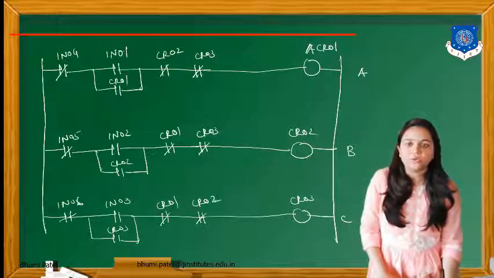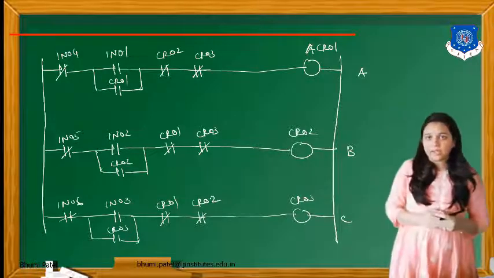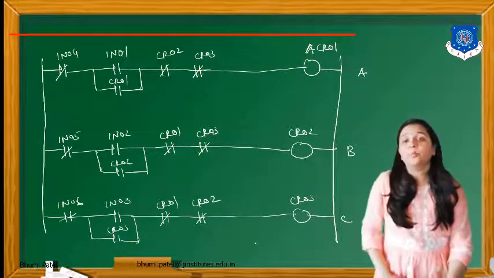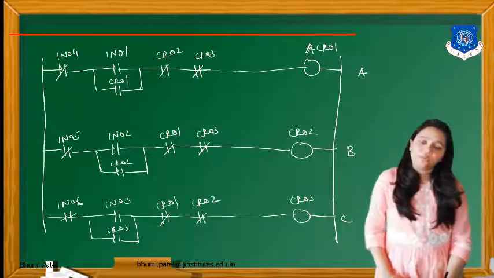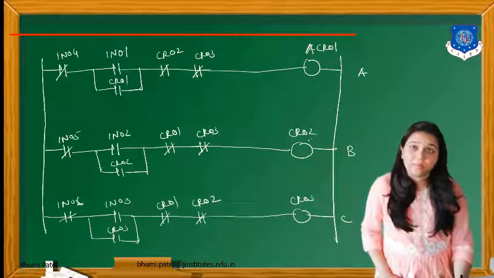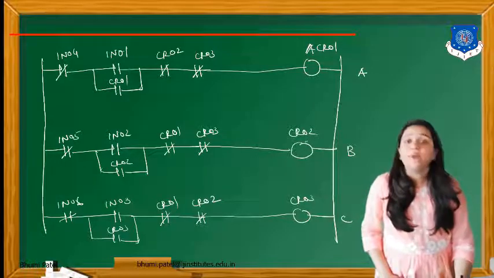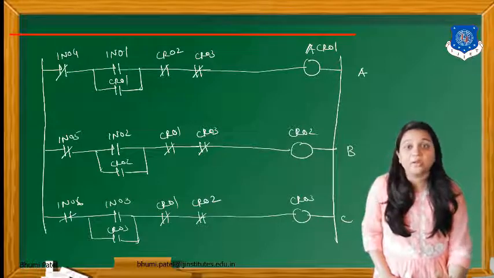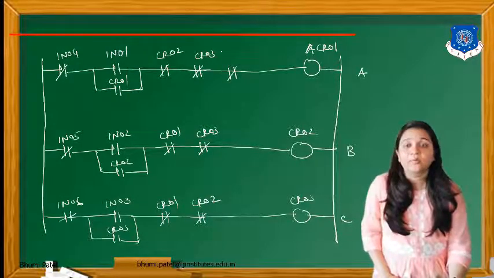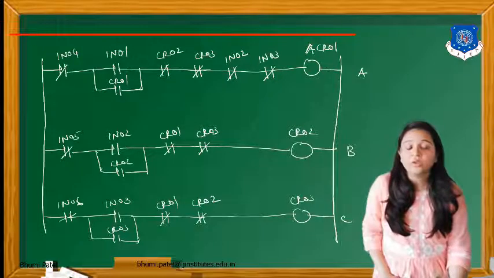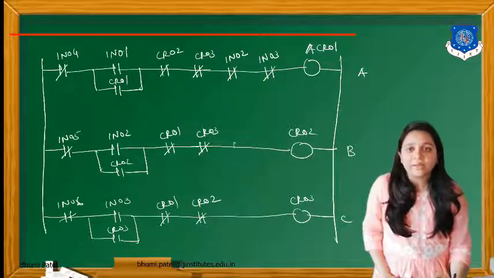a normally closed contact. Now the next logic: if both the input switches IN01 and IN02 are pressed at the same time, both machines will run at the same time. But our condition is that only one machine will run at a time. So for that we can also provide the interlocking for the input switch. For machine A we can put the interlocking inputs IN02 and IN03.